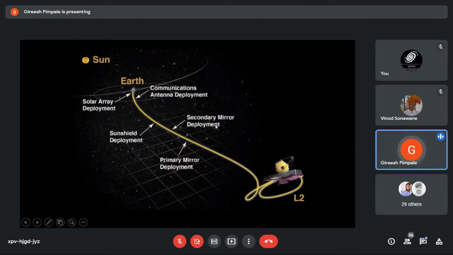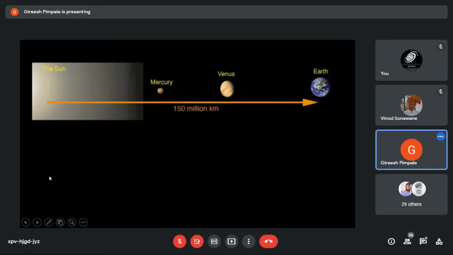Then the secondary mirror, then the primary mirror, and after that it went to its destination. So all these processes took place in 29 days, and it was traveling to the destination point.